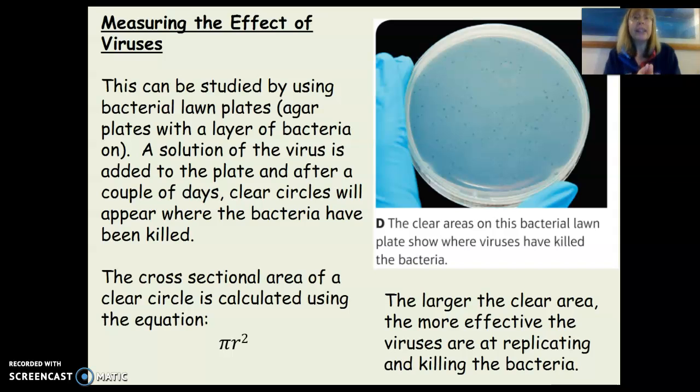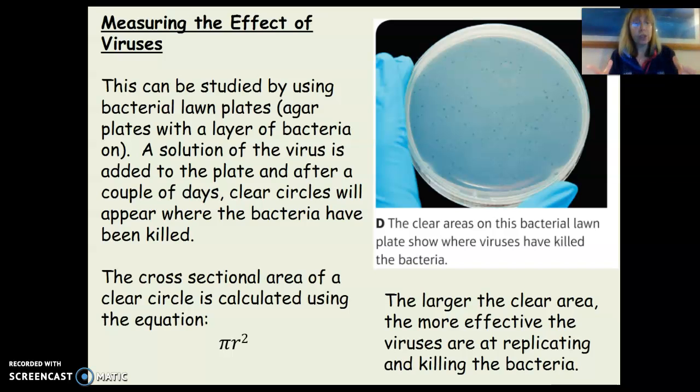And why has it died? Because the viruses have invaded the bacteria, and the bacteria have split as they burst because they've become full of viruses. So how do we calculate this? Well, we calculate the area of the circle.